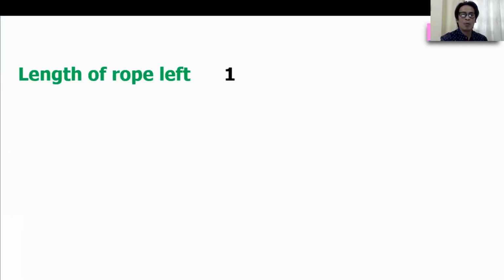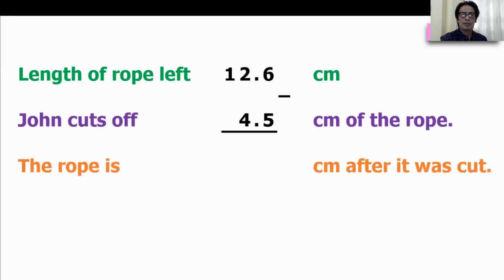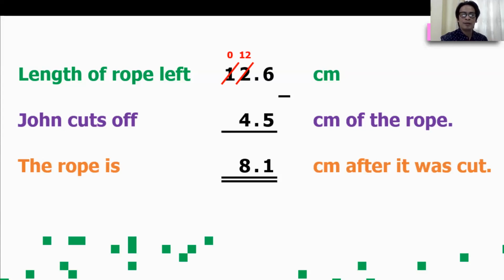The length of rope left is 12.6 centimeters, minus John cuts off 4.5 centimeters of the rope. That is now the rope is, okay, you know what to do. I won't explain anymore how to subtract because you did this already using a normal number.